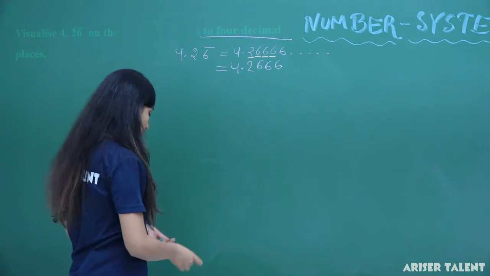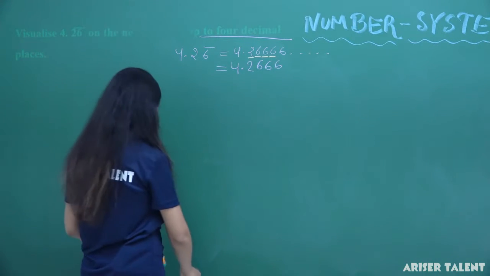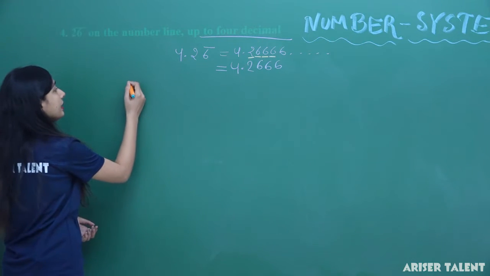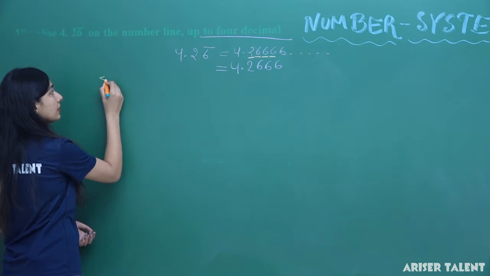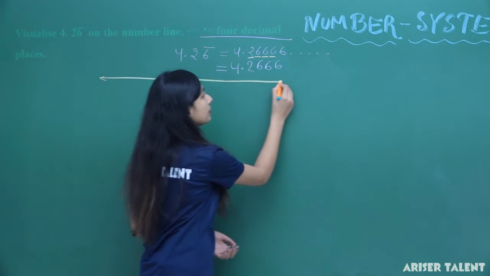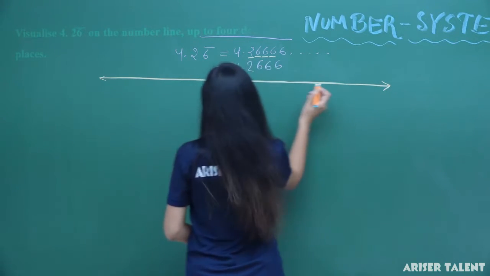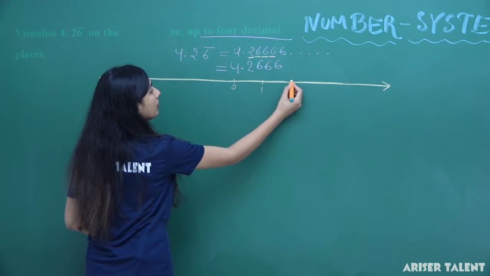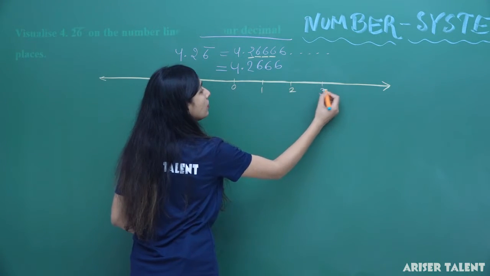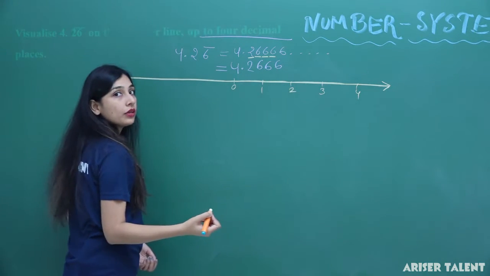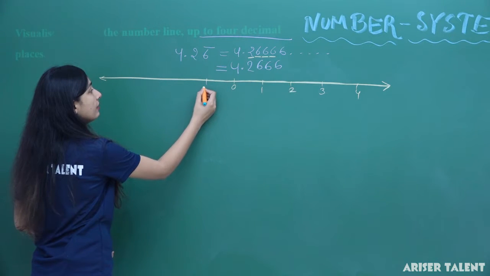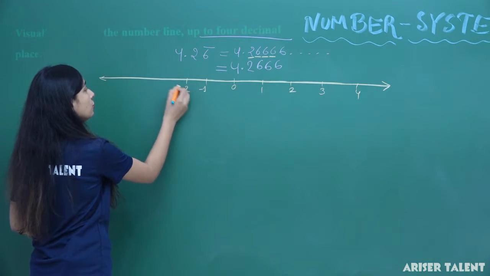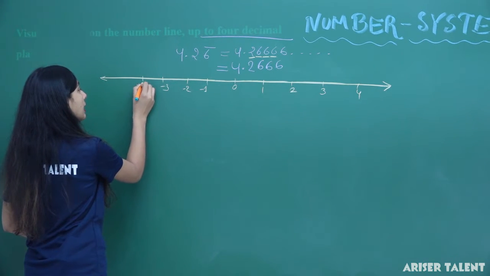Okay. So with the very first line here, I'll have 0 here, 1, 2, 3 and 4. Then I have -1, -2, -3 and -4.